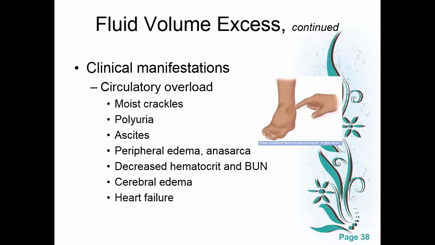They will also have polyuria, ascites, which is fluid around the abdominal area, peripheral edema, or if it's severe, anasarca, which is generalized edema over the entire body. They will have decreased hematocrit and BUN, cerebral edema, and heart failure.